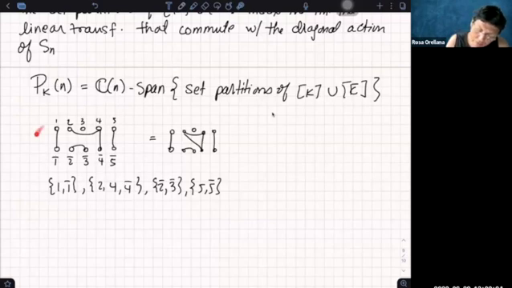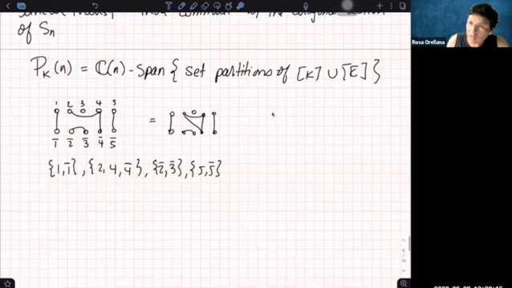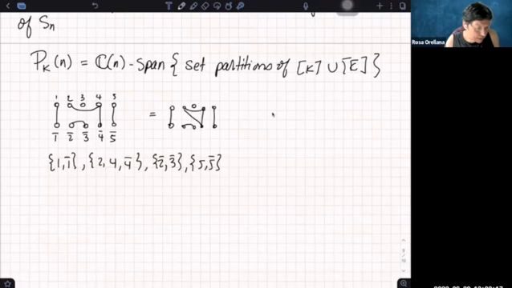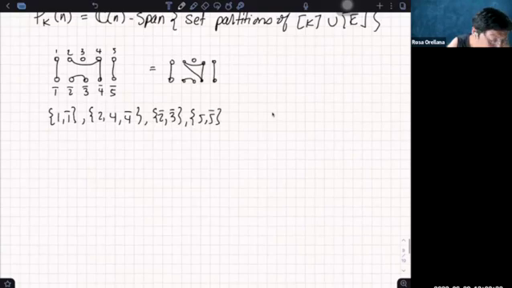So when people talk in this area about the diagram, they simply mean any graph that has that set partition corresponding to it. And these are actually encoding linear transformations. So I'll show you quickly how I think of this as a linear transformation.